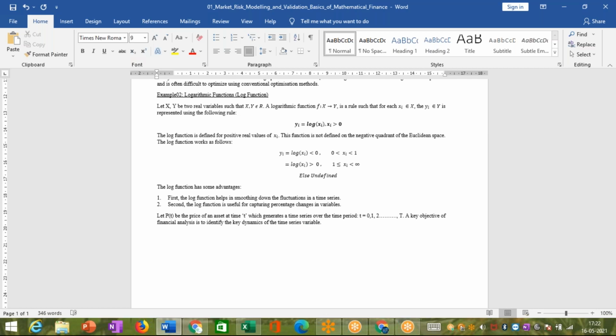right? Now, because the time is in discrete time, the dynamics can be captured by the following formula.